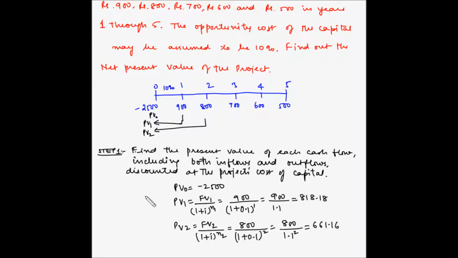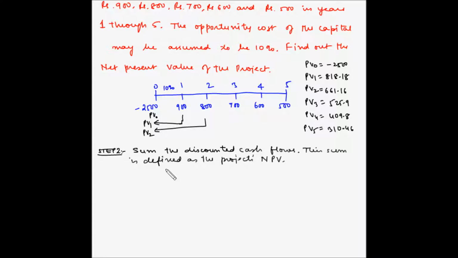Similarly, if we continue, we'll find the values of PV3 as 525.9, PV4 as 409.8, and PV5 as 310.46. So let's now move to step number 2.